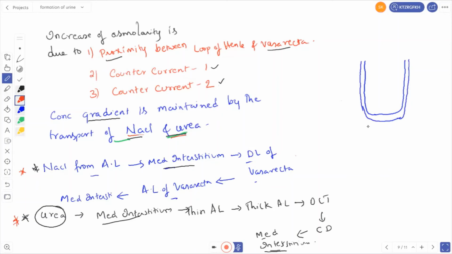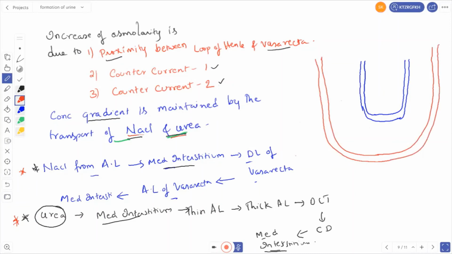And this one is a vasa recta. I'm drawing a little bit of distance for our explanation. Generally they are present very close to each other, but for the explanation purpose, I'm using this. You all know that this one is the descending limb, this one is the ascending limb. For the other one, this is the ascending limb, this one is the descending limb.